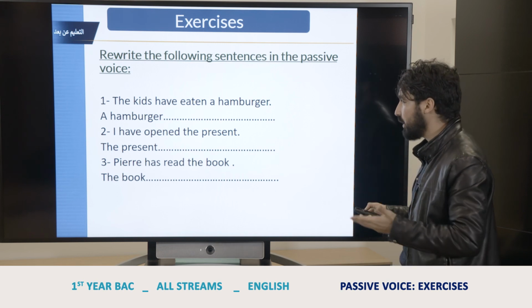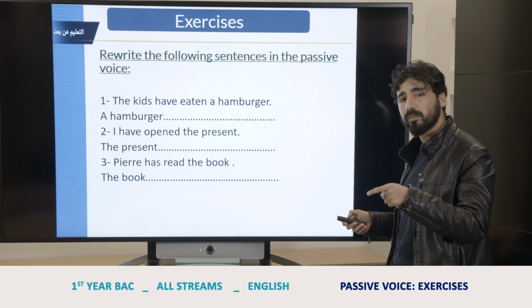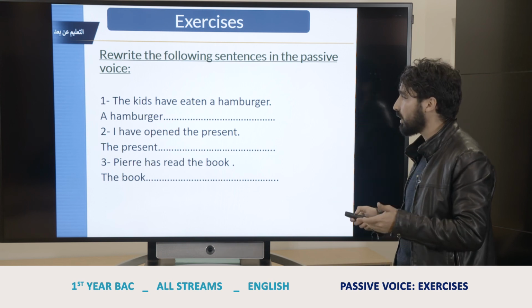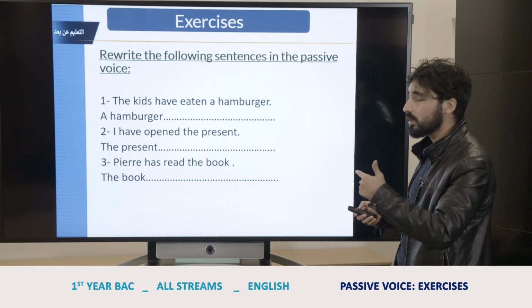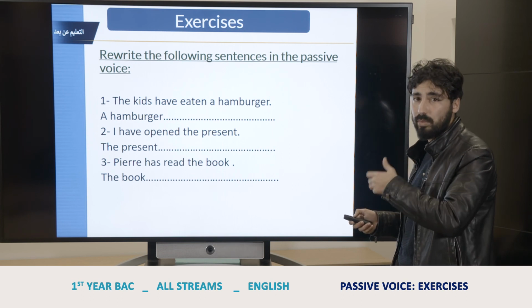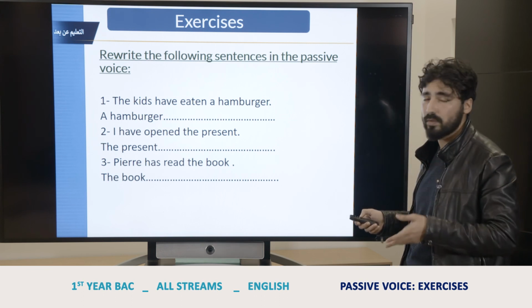What is the main verb in number 1? It's eat. Plus the main verb in the past participle. Luckily, we have the past participle there. A hamburger has been eaten by the kids. By the kids because we know who have eaten, for example, this hamburger.